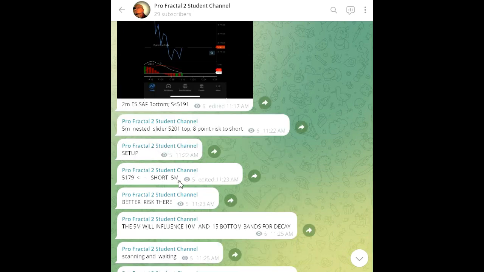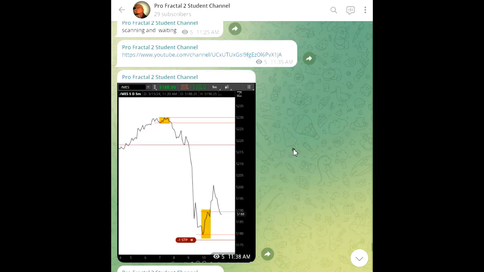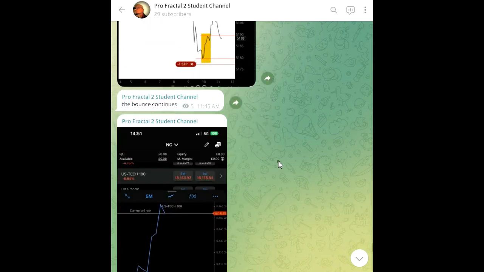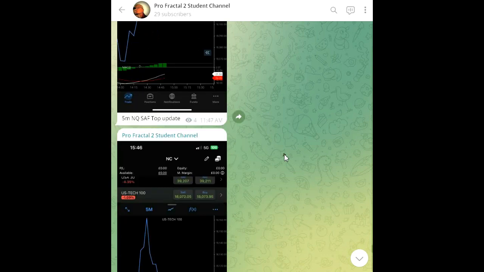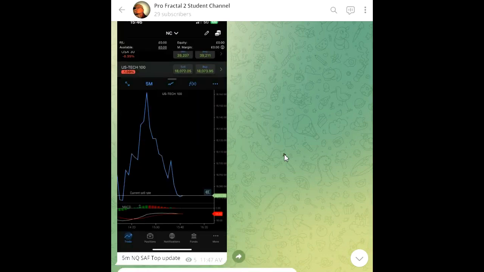And we gave you the parameters here. There's our 5-minute trade there. That's an entry point. Neil found the 5M top update. He got that one pretty good too. 1, 2, 3, 4, 5, top, down. You have a slider here too. Nested, that helps.